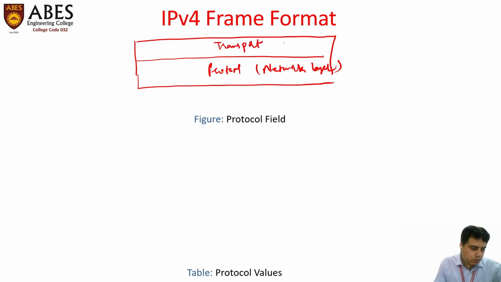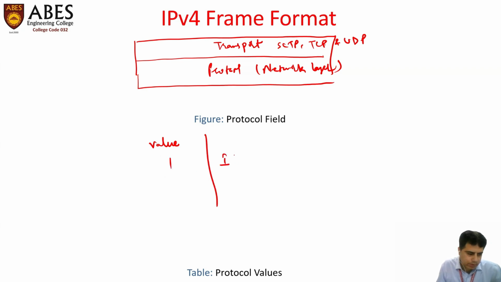So which protocols use the service of this network layer IP? These are SCTP, TCP, and UDP.